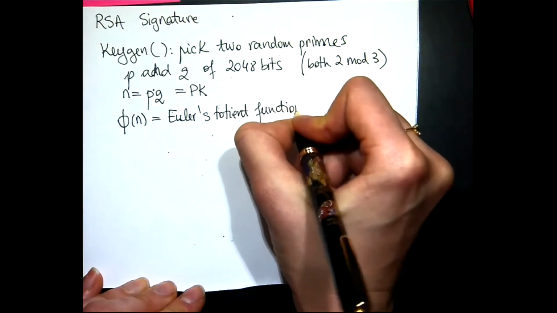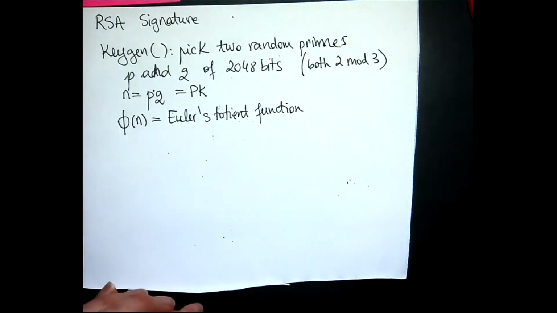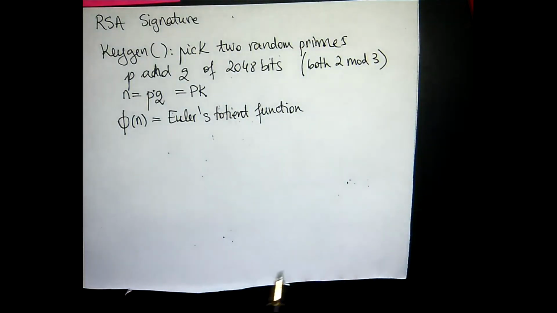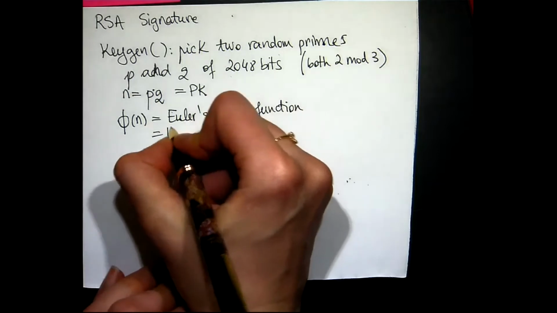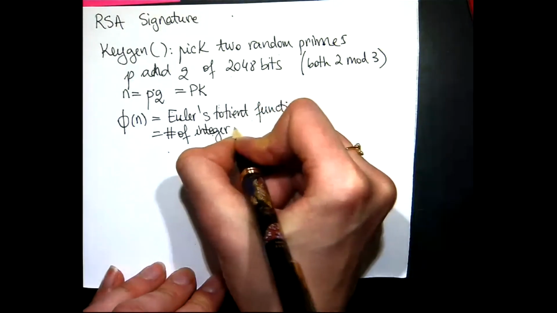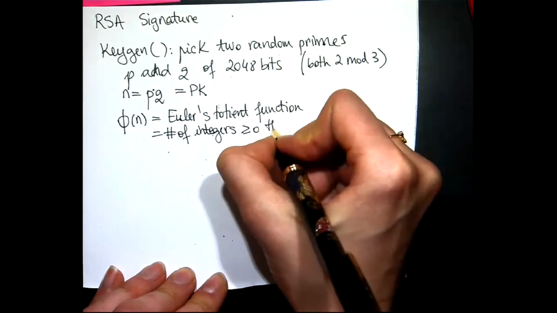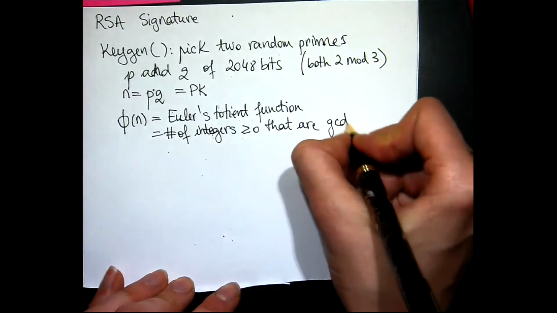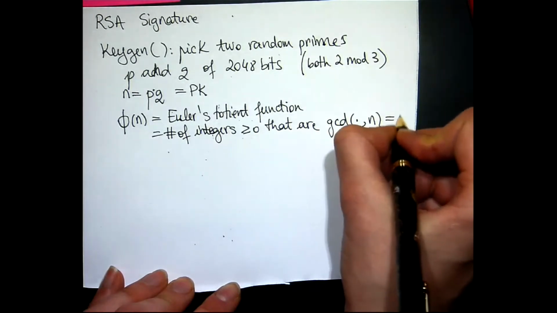This was taught in CS70, but we also have a quick reminder of this in the notes. Basically, this function gives you the number of integers that are coprime with N, namely the GCD of that number and N equals 1.